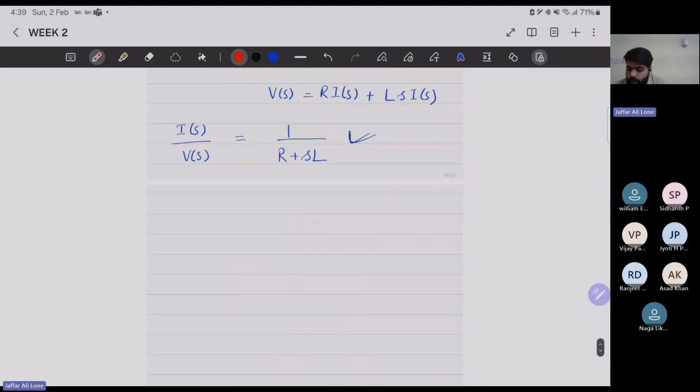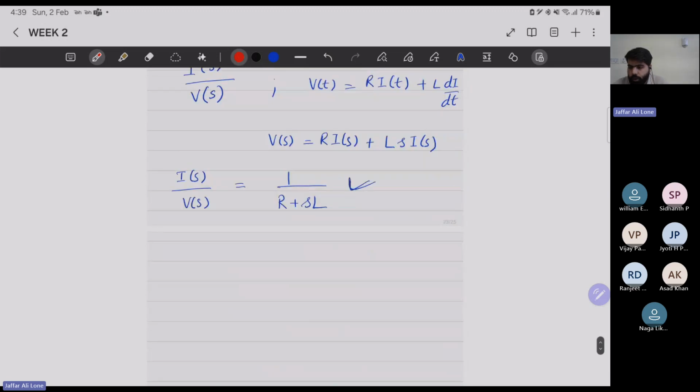For example, if you have a mobile phone, the outcome of the mobile phone, the transfer function has nothing to do with input. So we have a mobile phone, it has a transfer function.